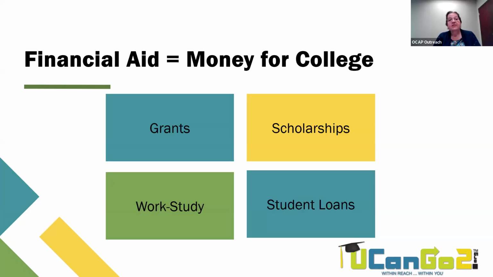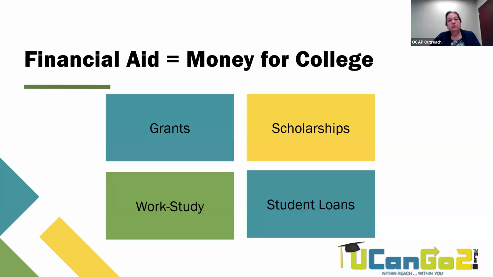Work study is where the student is earning money during college if their college participates in a work study program. Not all of them do, but that is earned money that they can use to pay their expenses during the college year. That is a need-based program, so there are students who wouldn't qualify because their financial need is too low.